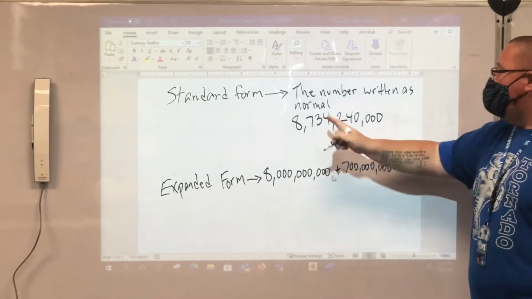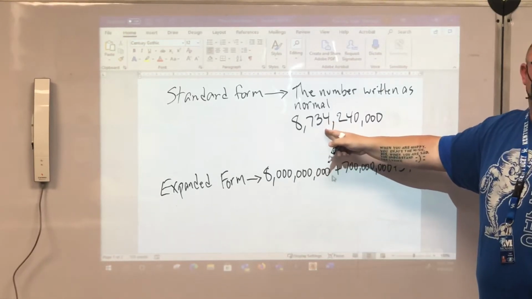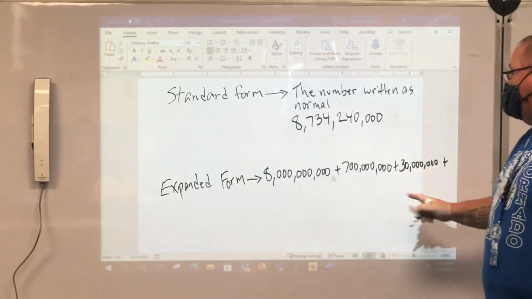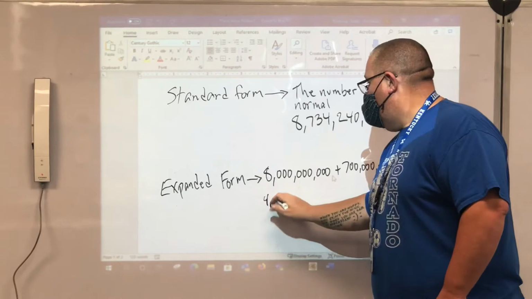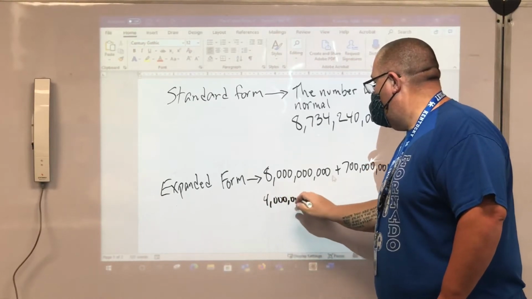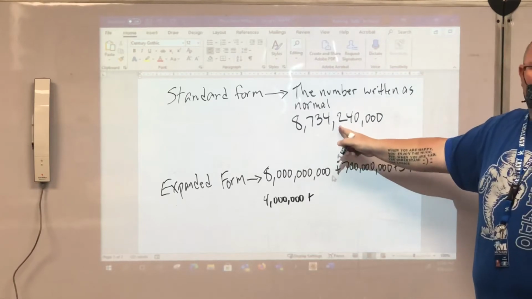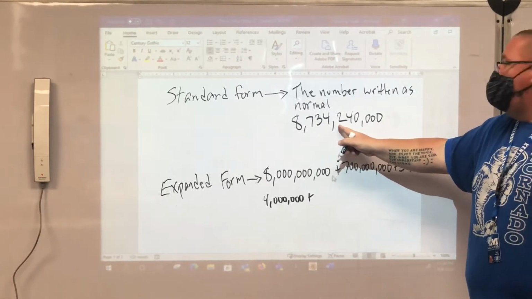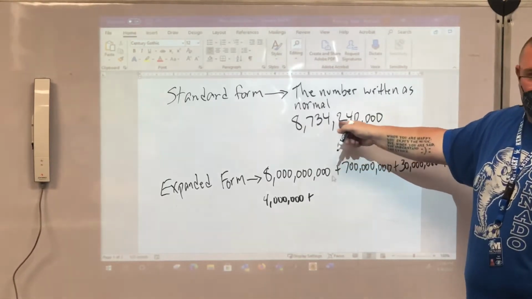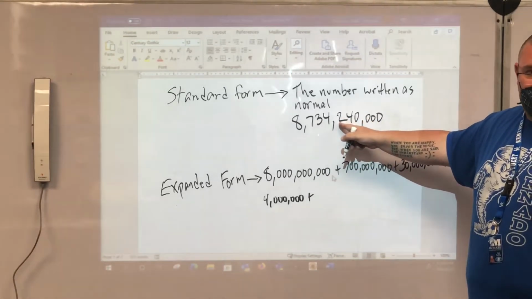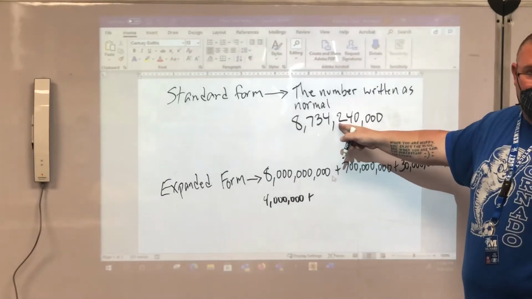Plus, we now move to the 1 millions place. We have 4 of those, so that's plus 4 million. Plus, we're now into our new period. What period is this 2 in? It's in the thousands period, but which place? The 100,000s.